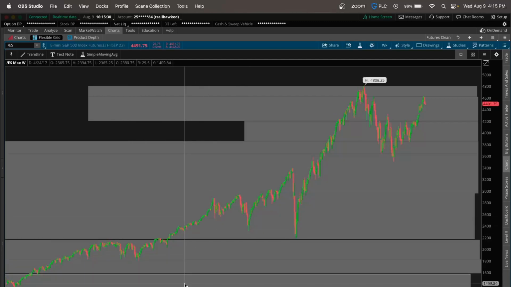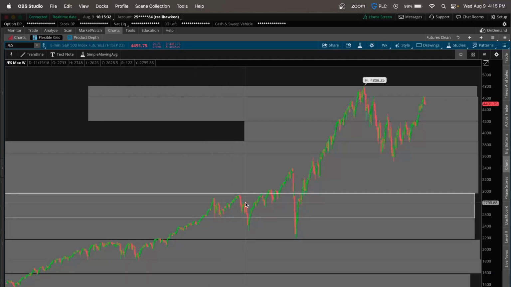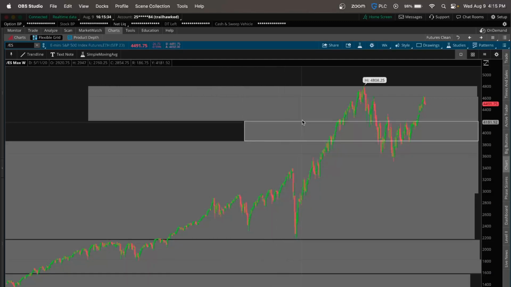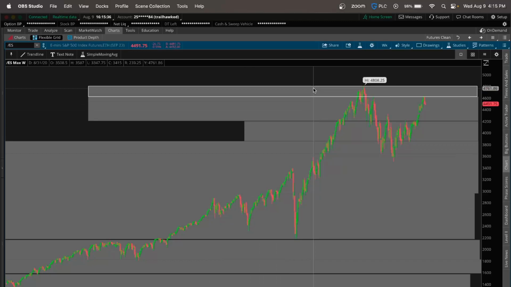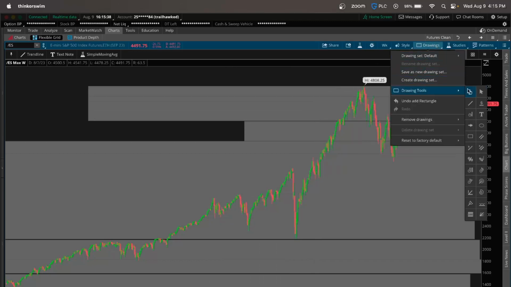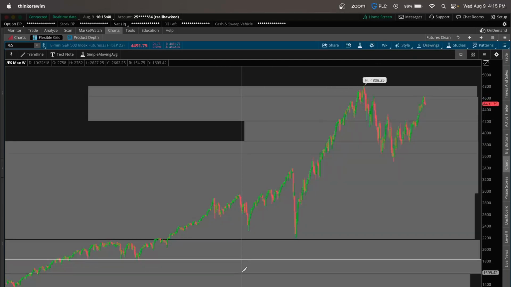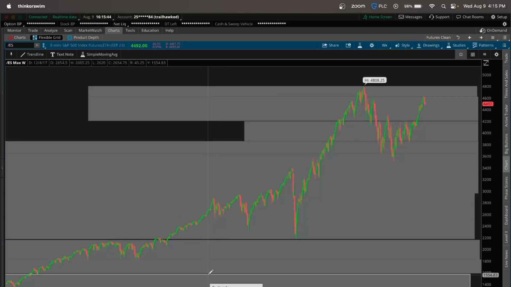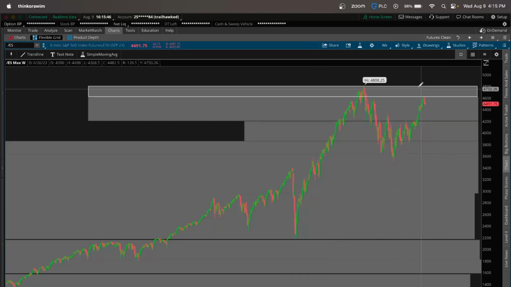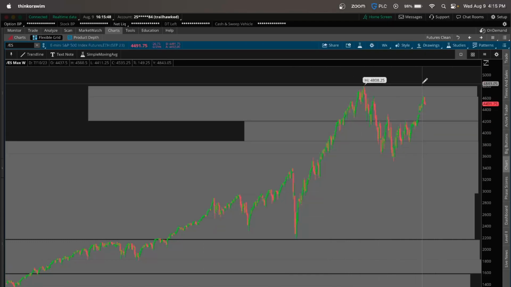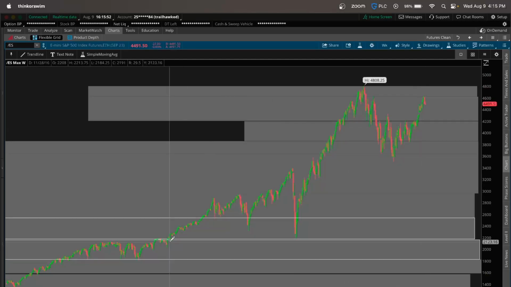So I went through and did a very, very loose markup of the weekly segmentation on the ES. And what I'm going to do is take a look through and identify what can be used in a much smaller area that can help us on a daily and intraday perspective.